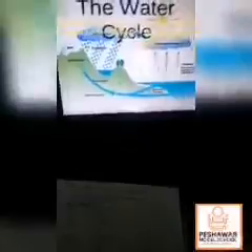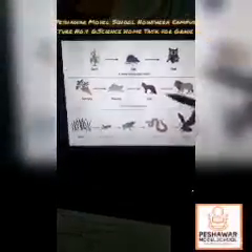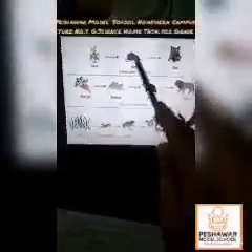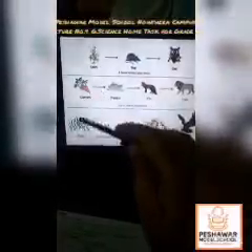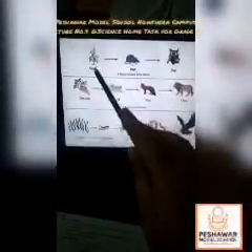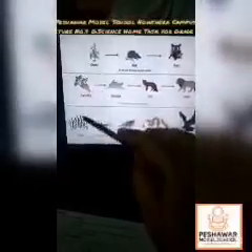Then next is food chain. What is a food chain? It is a chain in which all the living organisms depend on one another for their food. The first living organism in this chain is called producers. All the plants are producers.